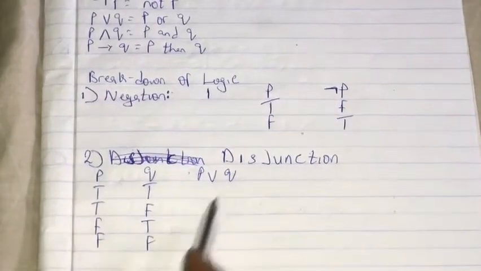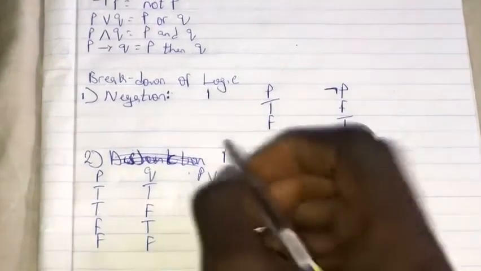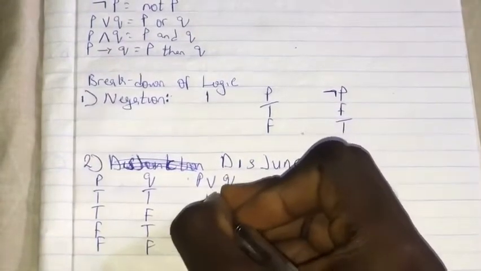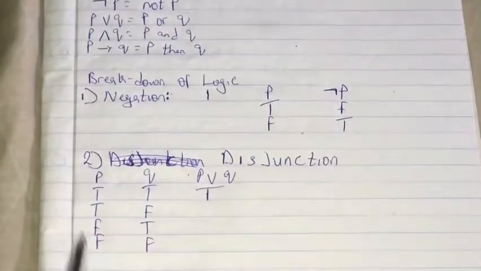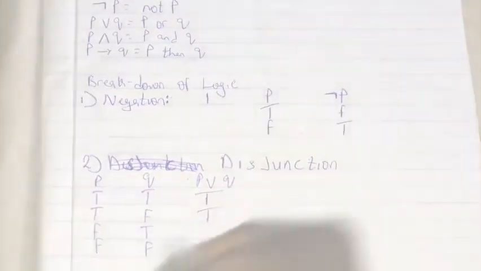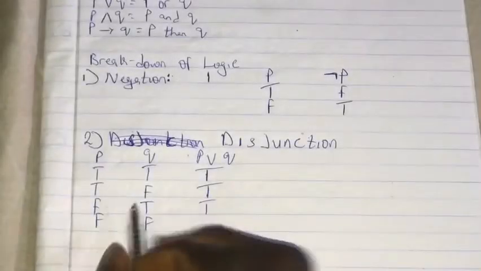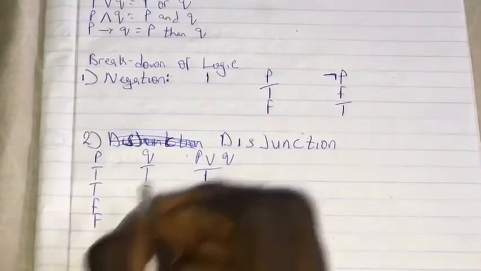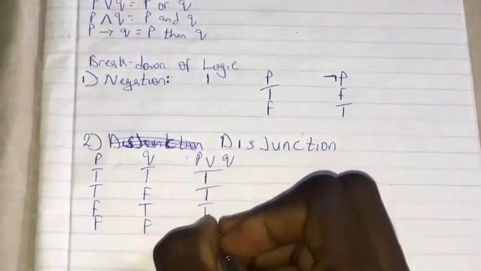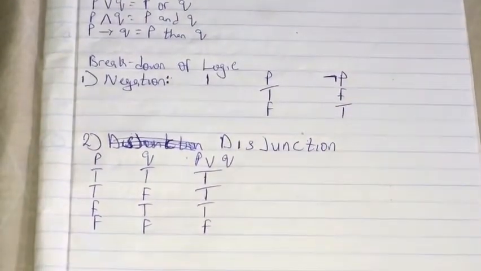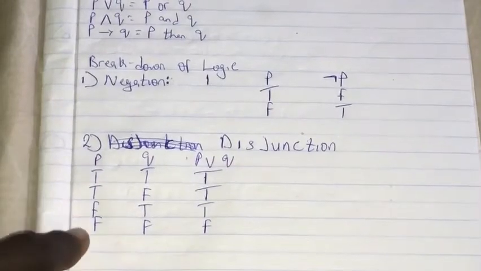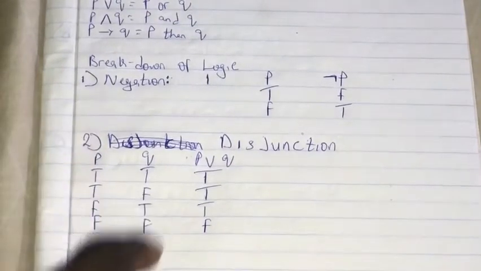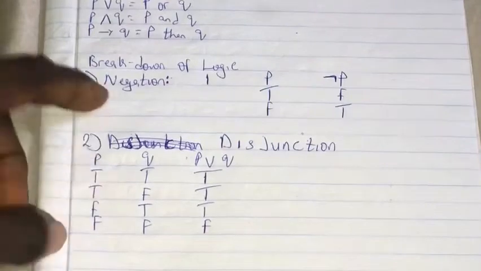If P and Q are true, then P or Q is true. If it's true or false, then it is still true. It is only when both P and Q are false that you have false. The others are true.